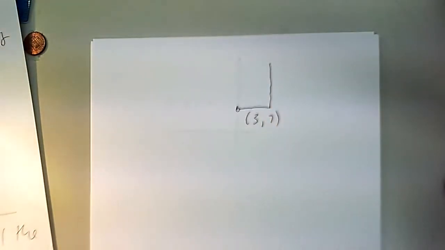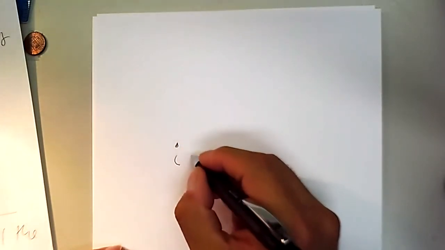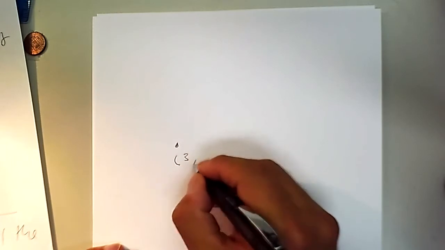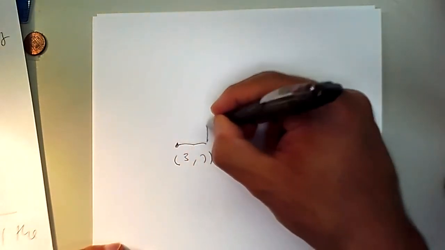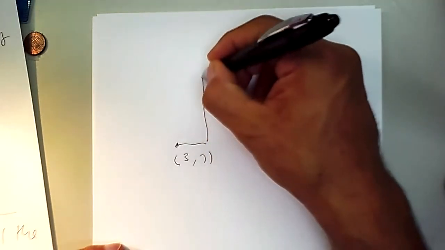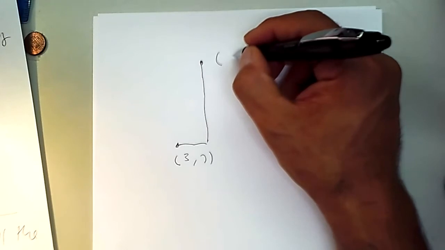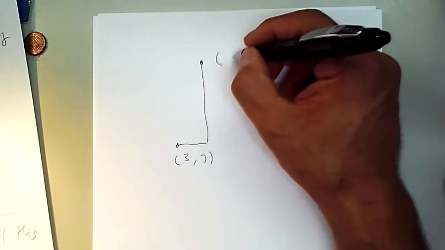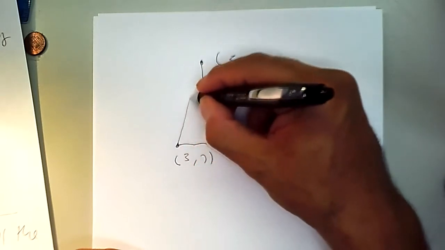I apologize for not thinking too far ahead. So again, 3, 7. 1, 2. And then 1, 2, 3, 4, 5. And then we are at 5, 12. And we have this line.